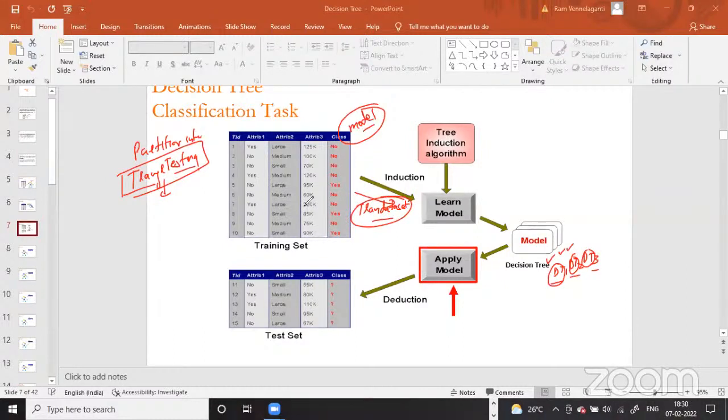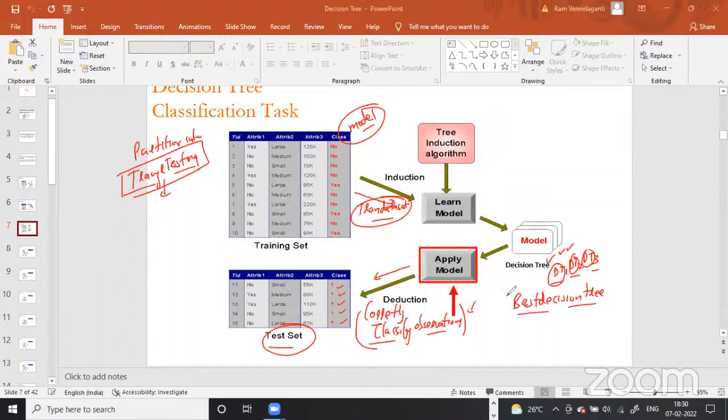And once you have developed your model, you are going to apply that model on your testing data set. And then you will find out whether your model is able to correctly classify your observations. So whichever decision tree is able to correctly identify all your observations, you can call that the best decision tree for us.